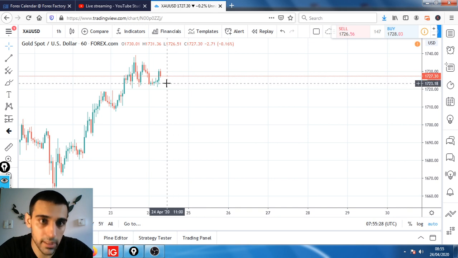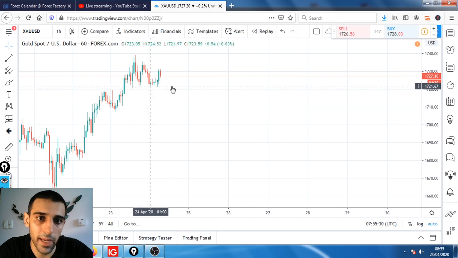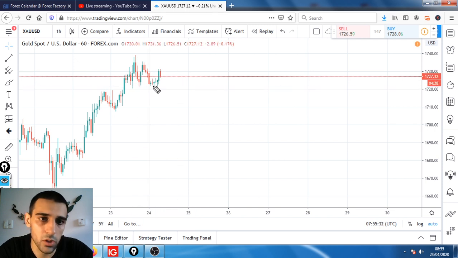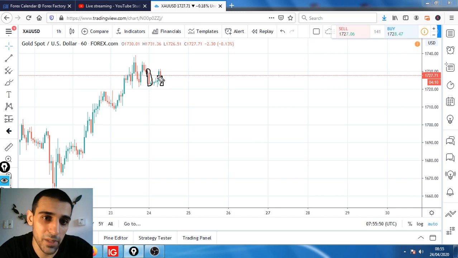ideally it's not going to do this candle, so maybe the next candle. But again, I do want to see a strong bearish candle to the downside, something similar to this one. I don't think it's going to do it in the next 5 minutes because this 1-hourly candle is going to close in 5 minutes. But if it does it in the next candle, something like this. Excuse my drawing, it's pretty bad. Let me draw it again.